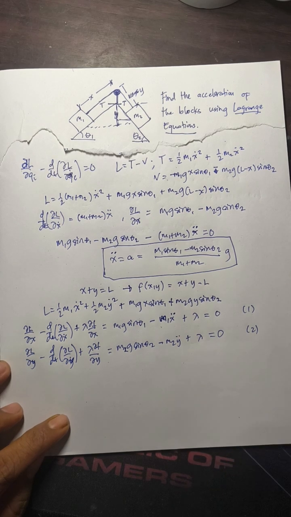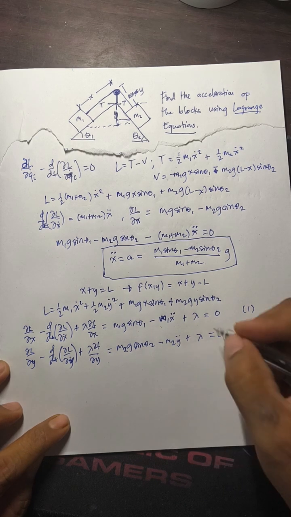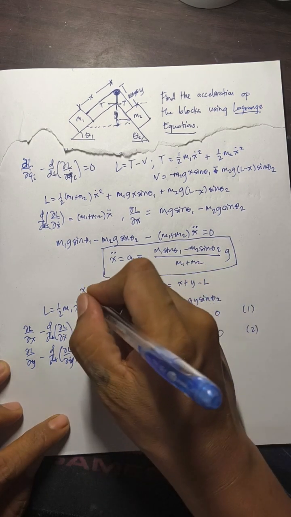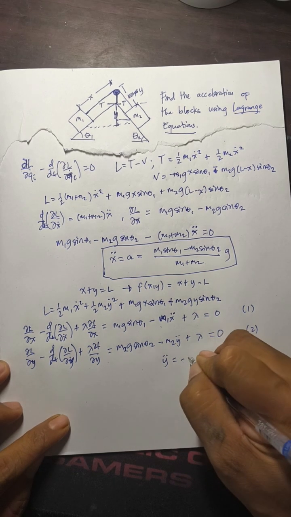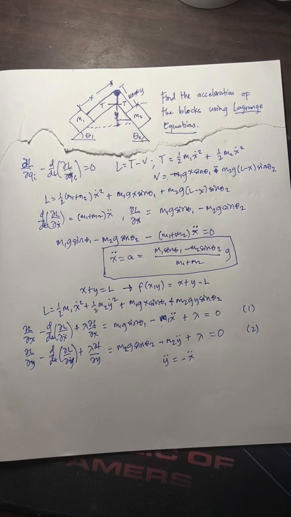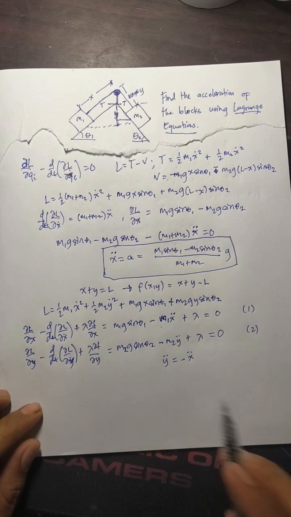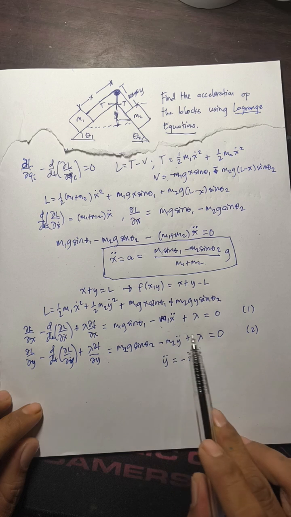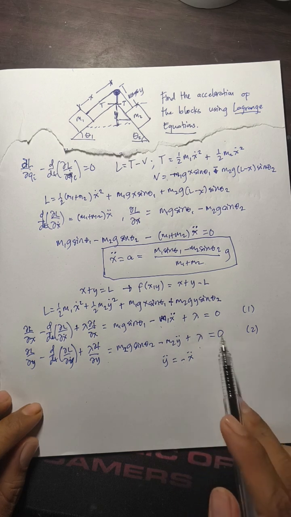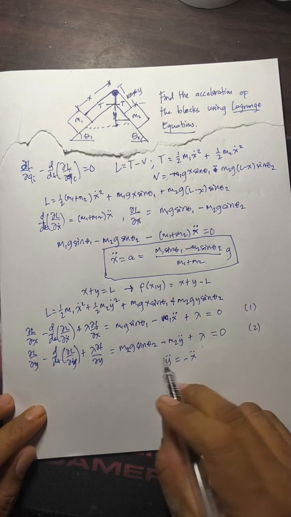Also, let's substitute the constraint. That would mean that our y double dot would be equal to minus x double dot, and so this is equal to 0. From here we can get our tension. Let's now solve this one.